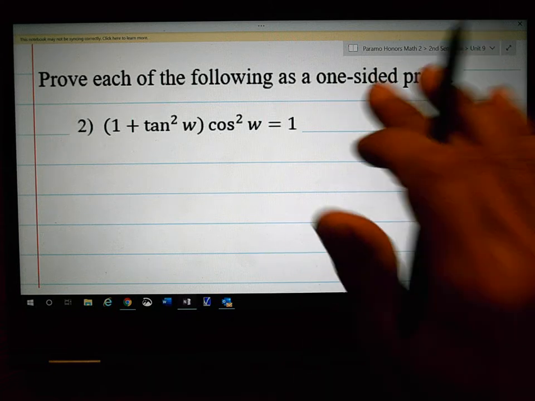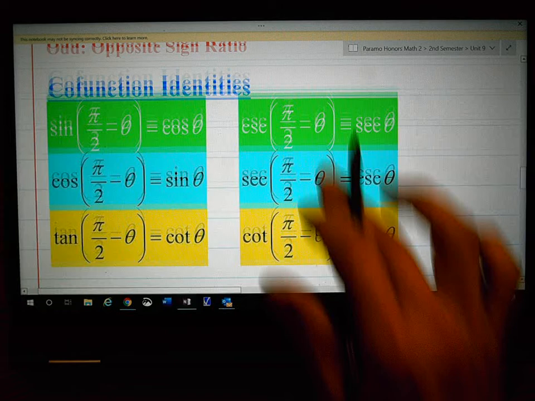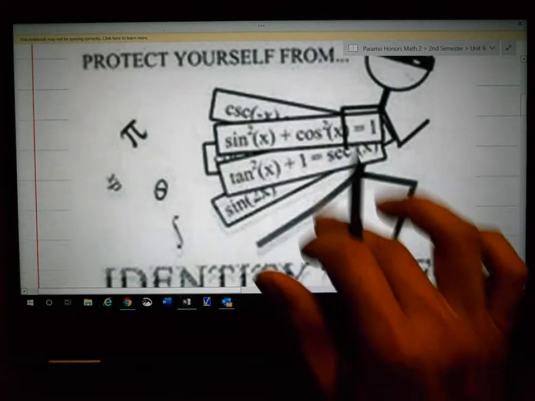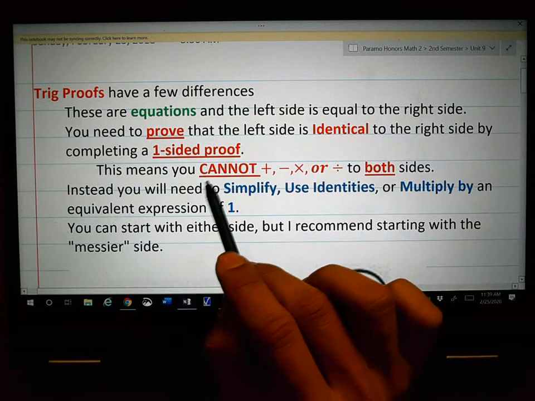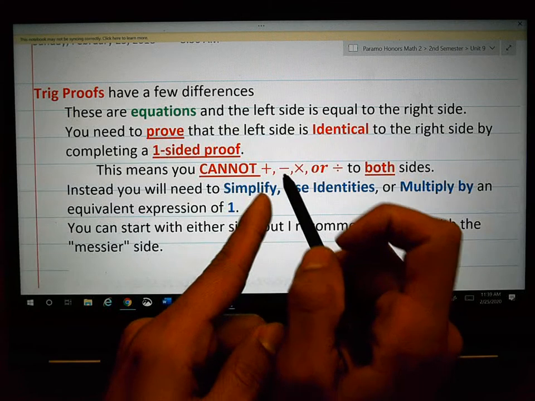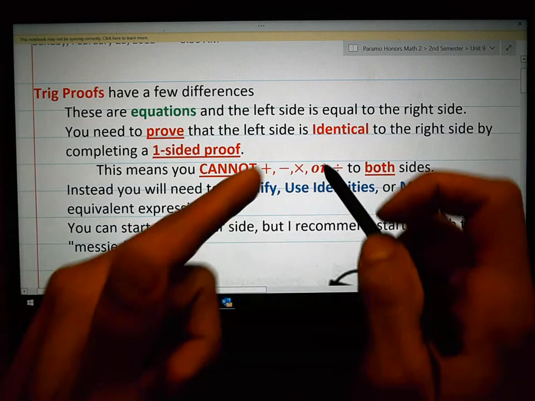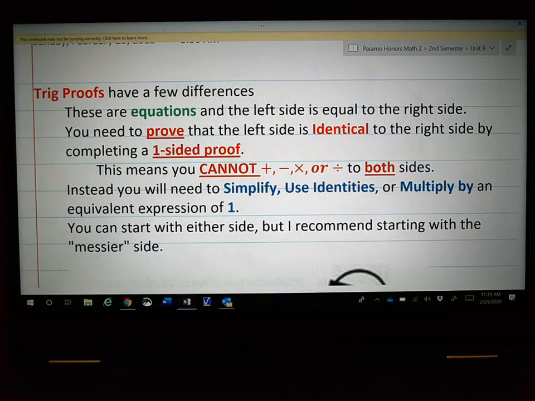A one-sided proof is different than how you solve problems normally. How is it different? It's different because you are not allowed to add something to both sides. You are not allowed to subtract something from both sides. You are not allowed to multiply or divide something to both sides.